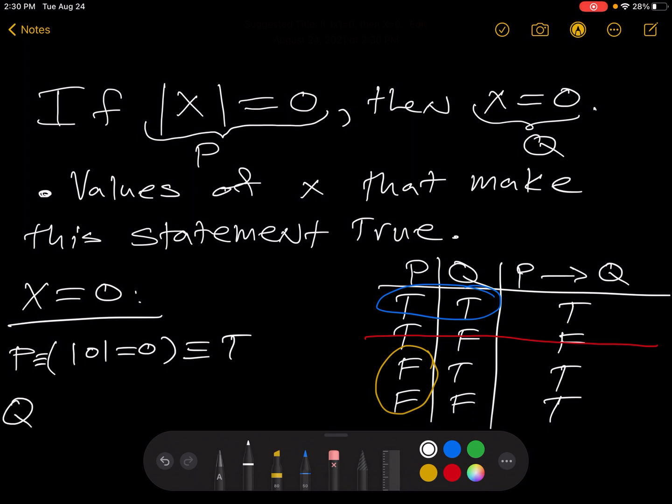And Q is the statement 0 equals 0, which is also true. So we find ourselves in this situation where both P and Q are true, and so we know that the overall statement, P implies Q, is true.